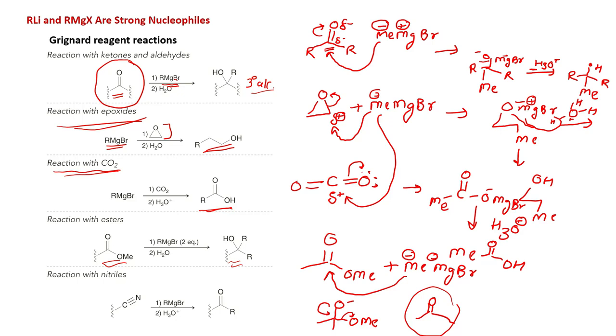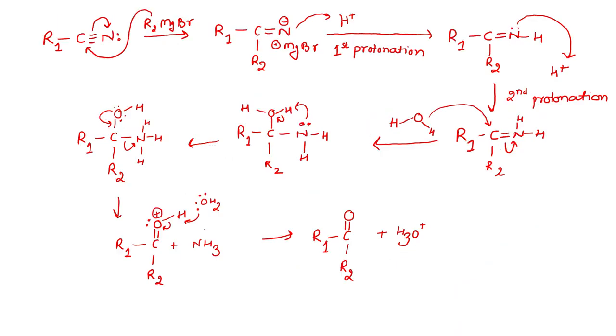And reaction with nitrile will give you ketone, and the mechanism I have shown you here. Nitrogen will withdraw electron, then this R2 will react here, and will give you first your product and further protonation. First protonation happens, second protonation happens, and finally this process will continue and there is loss of ammonia gas and finally your ketone.